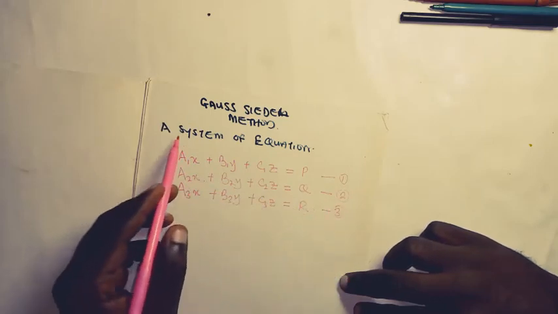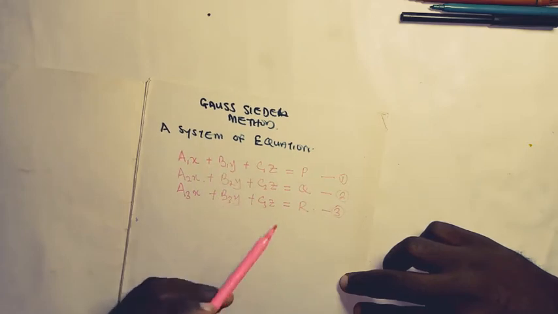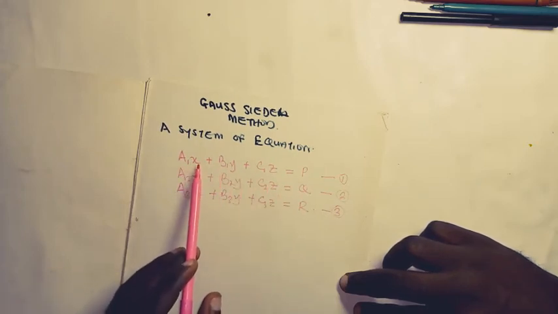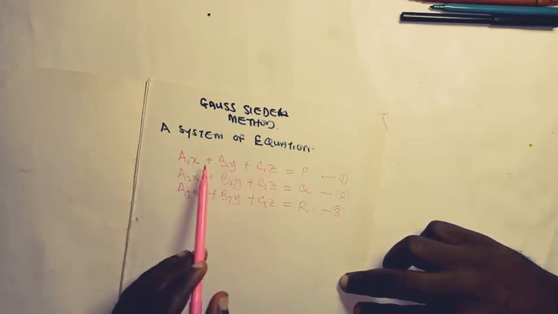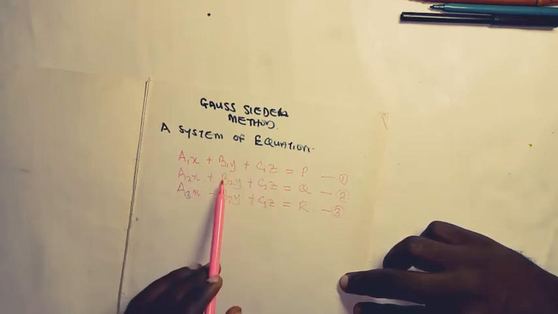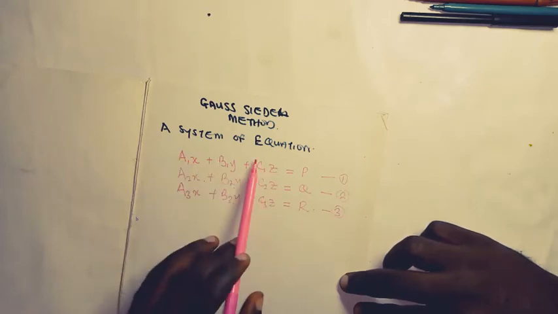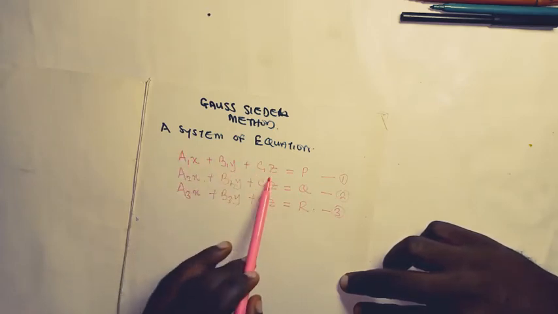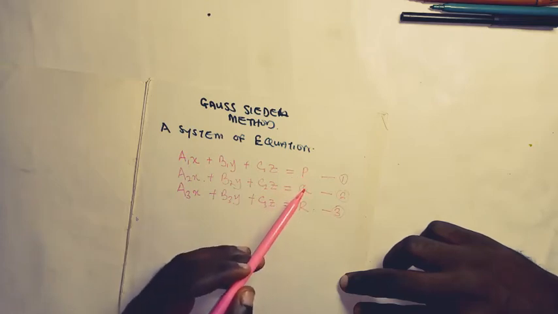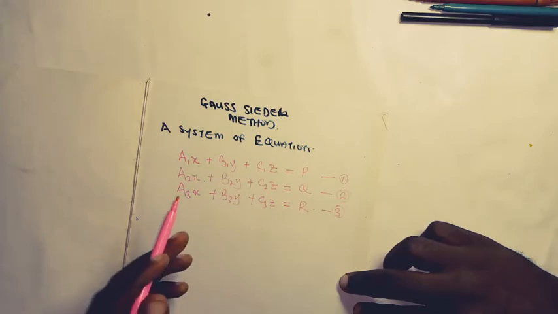And we want to use the Gauss-Seidel method to solve this system of equations. Before we proceed, let me quickly explain that x, y and z are the variables, while a1, b1, c1, a2, b2, c2, a3, b3, c3 are the constants or the coefficients of these variables, and p, q and r are the solutions to each of these equations.